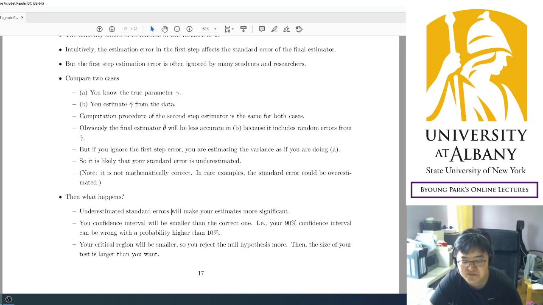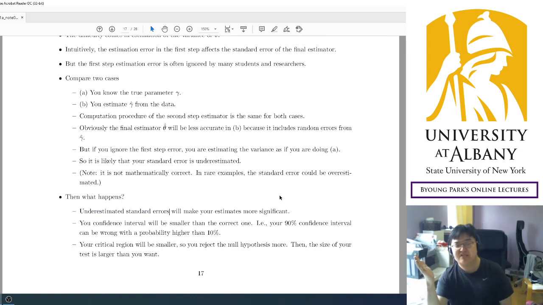So anyhow, it won't be a big problem. You did not find something because of your mistake. But if you underestimate standard errors, it is a bigger problem. You are claiming something that does not exist. So this is a bigger problem than not finding anything.